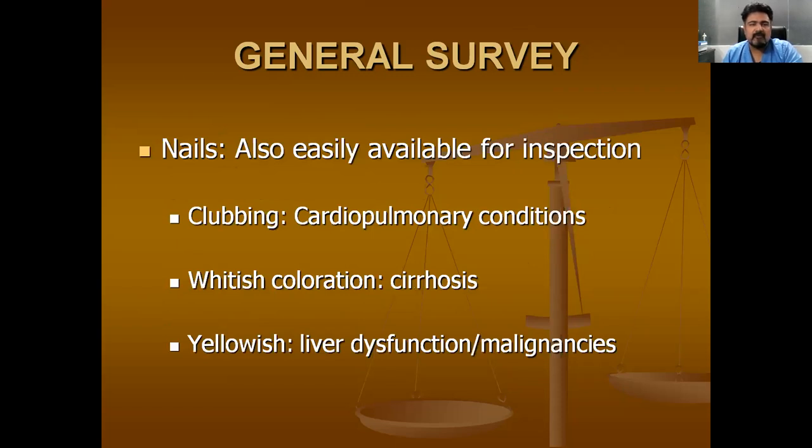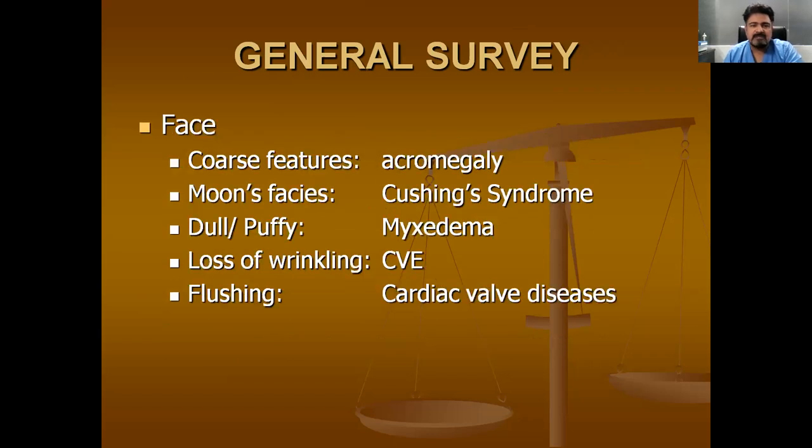Nails are also available for inspection, such as clubbing in cardiopulmonary diseases, whitish coloration in cirrhosis, and yellowish in liver dysfunction and malignancy. In the face, look for features such as acromegaly, moon face like in Cushing syndrome, dull and puffy face in myxedema, loss of wrinkling, then flushing in cardiac valve disease.